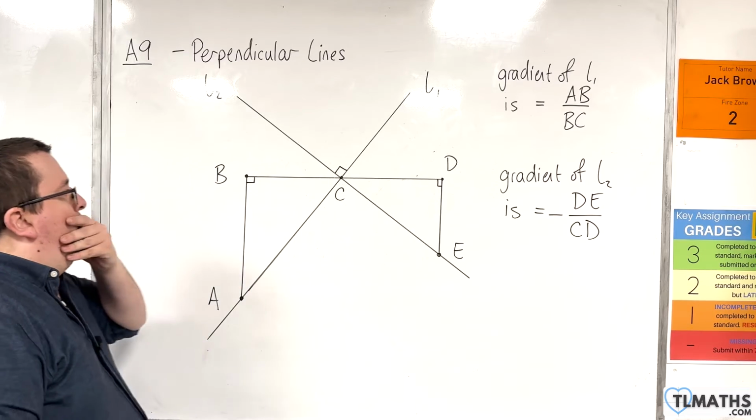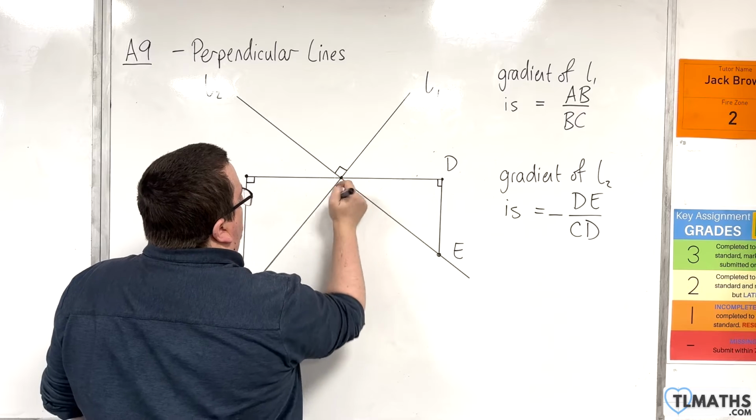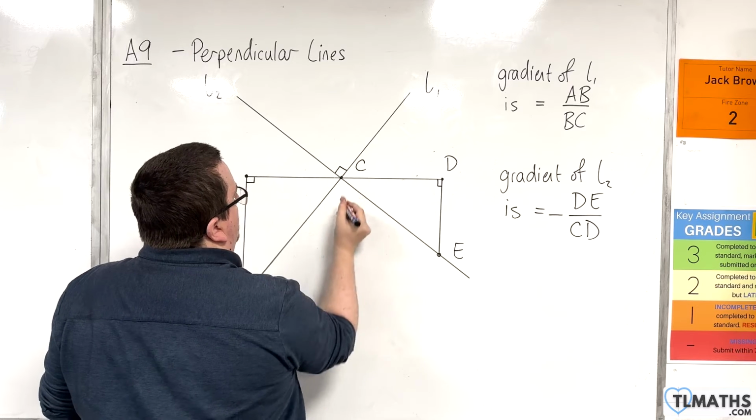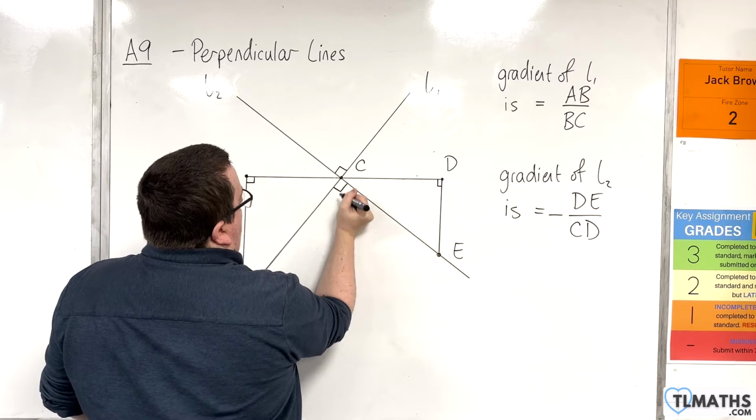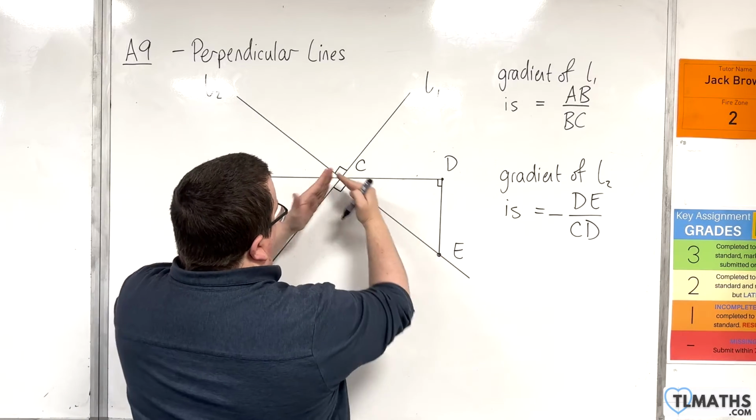Right. Now, the next thing to consider is, I'm just going to relabel this point so it's there. This would also be a right angle, because your lines are still perpendicular here.